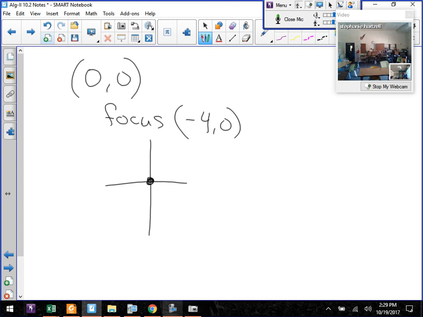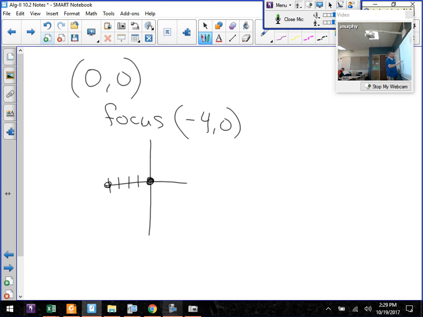Here's your vertex. Where's your focus? Left, right, up, down. Left. How many? What way do these open? It always opens towards the focus, doesn't it? This opens to the focus. What kind of parabolas open to the left? X squared or y squared?